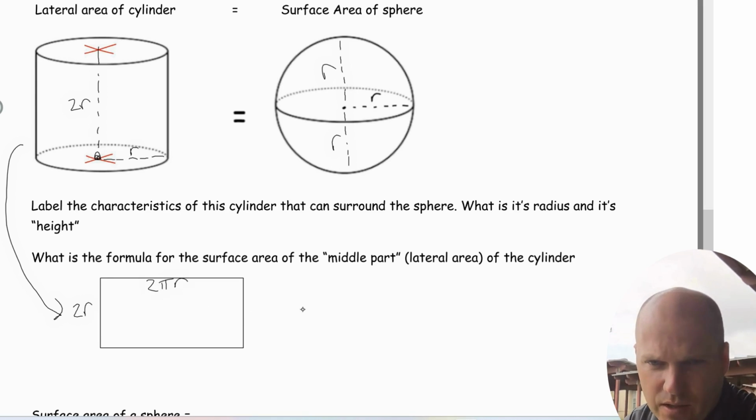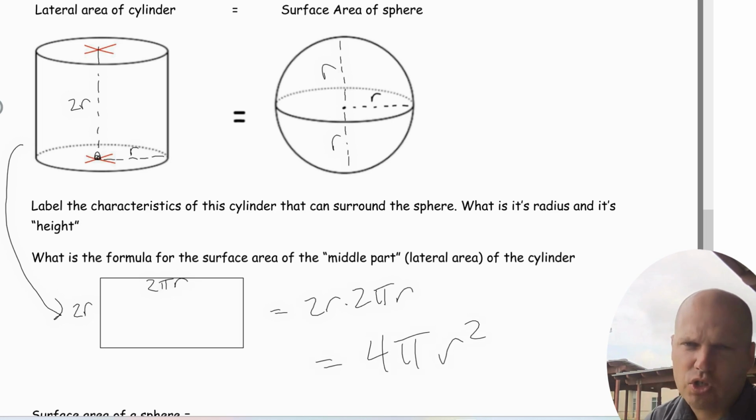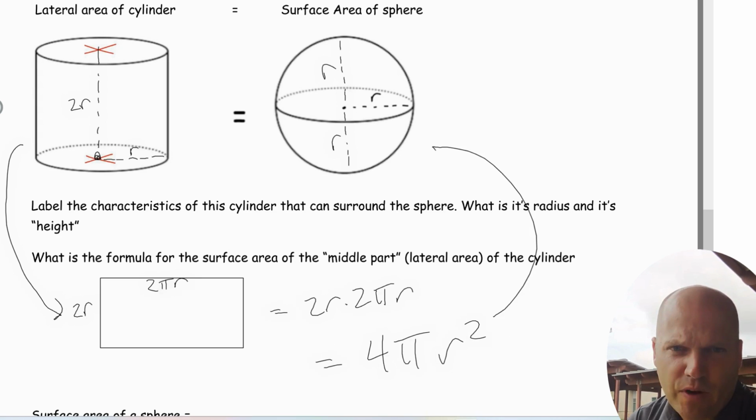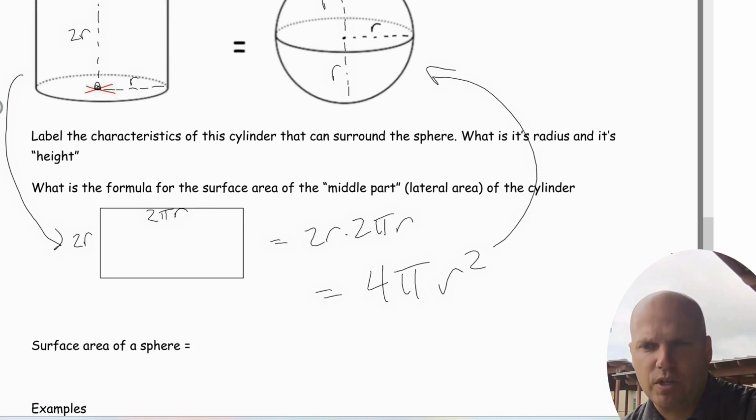Multiply those together, you get 2r times 2 pi r. Move things around, 2 times 2, r times r, 4 pi r squared. This, my friends, is the surface area of the sphere. It's just equal to the lateral area of the cylinder that contains the sphere perfectly.